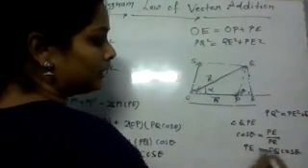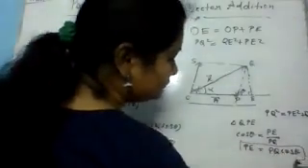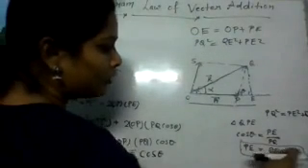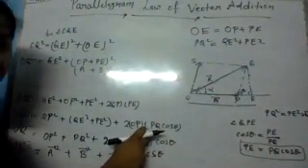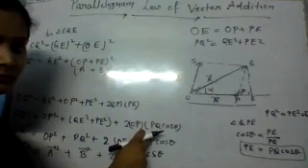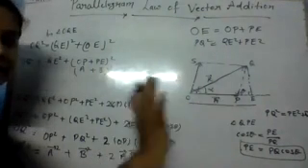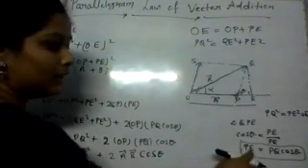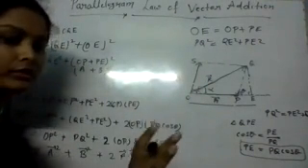PE equals PQ cos theta. So we can put PQ cos theta in the place of PE. Why we are making this change, you will know shortly.